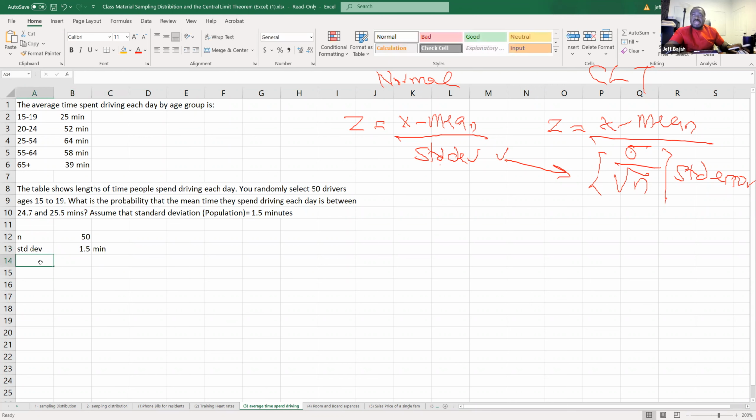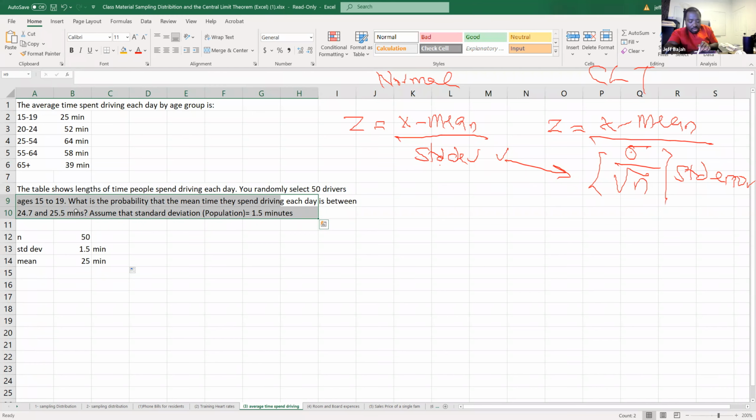We also know that the average time, which is the mean, is 25 minutes, right here in the table. We're asked to find the probability that the mean time spent each day is between 24.7 and 25.5.